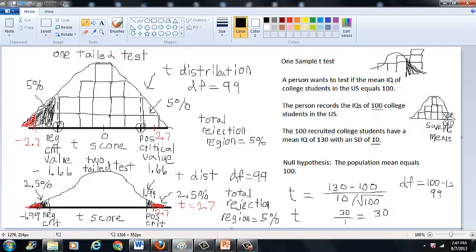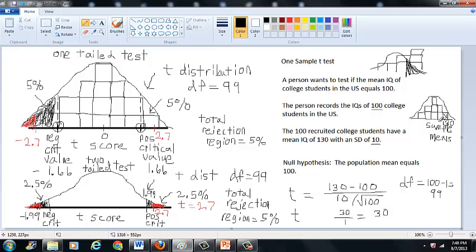If our set of data with a mean of 130 is one combination inside of a normal curve of combinations above the sample means, then the t-score of our outcome, which was 30, will be one combination under a t-distribution curve.